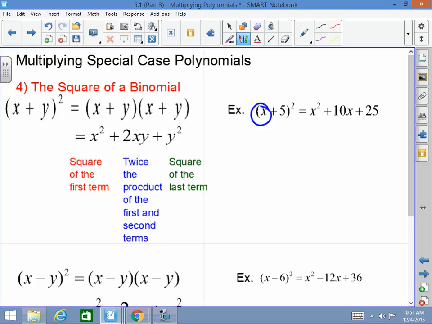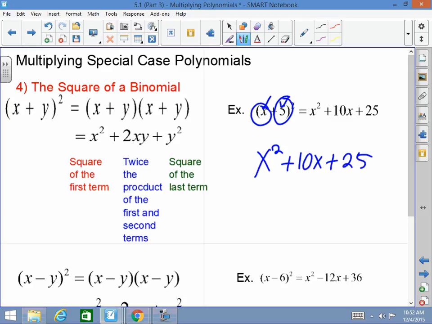What's the first term, which is x? What's that squared? X squared. What's 2 times x times 5? 10x. What's 5 squared, which is my second term? You're done. You tell me which is easier. Learning it or doing it the long way and being a hardhead about it?